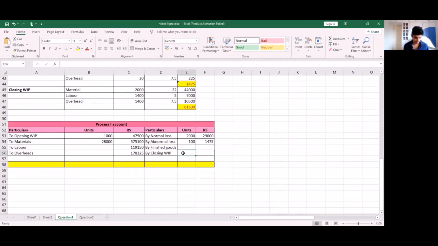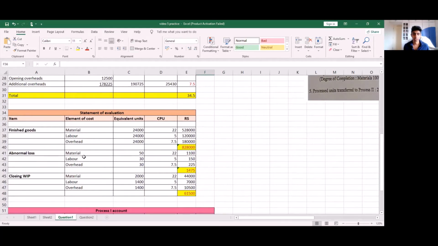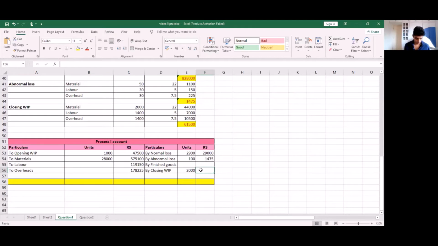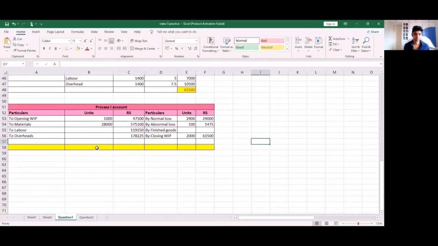So we will write 2,000 units. And as for the amount, we will take it from our statement of evaluation. So our closing work in progress turns out to be 61,500. So we will write 61,500. So let's sum our units and amount columns to find our finished goods.